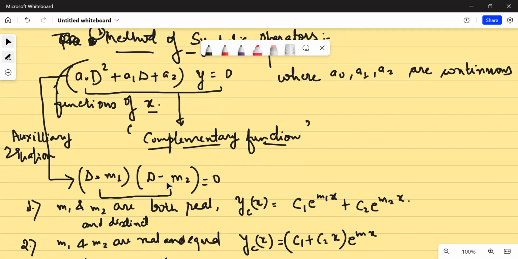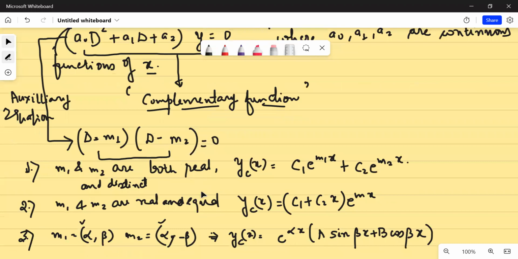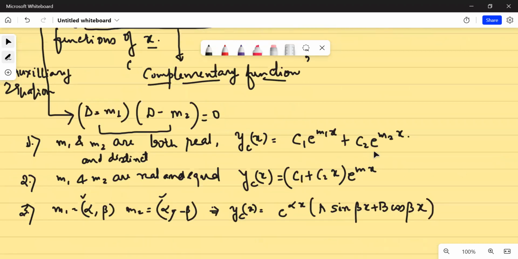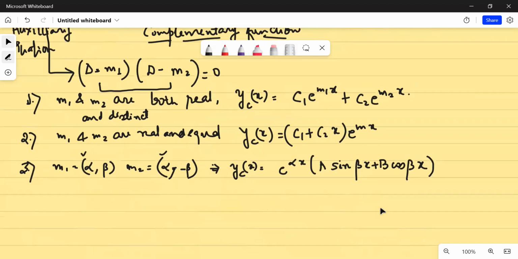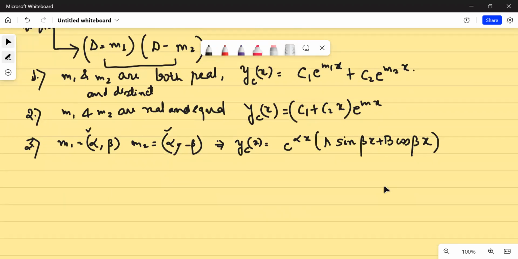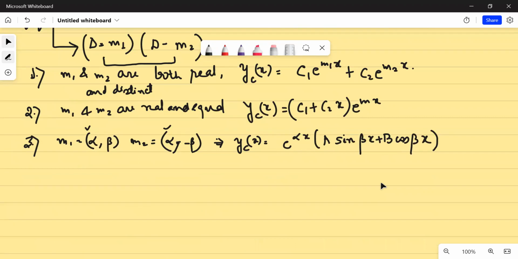If you factorize it into roots, then on the basis of the nature of the roots you get the various solutions, and three of them I have written here. I hope it is clear. Nobody should have any doubt here right now. Is that clear?